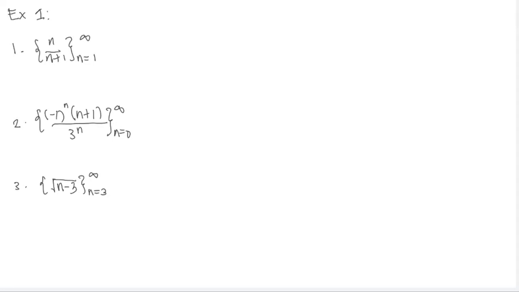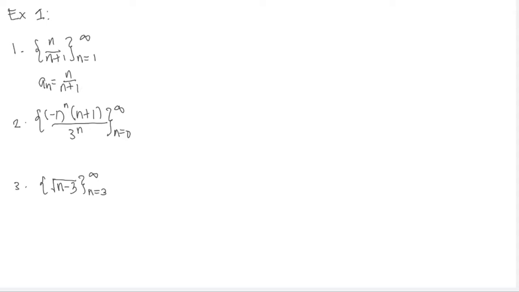So we want to write the terms of the sequence using the general formula. For number 1, the general formula is given by a sub n equals n over n plus 1. Since n starts with 1, all we need to do is to evaluate the value of the formula using n equals 1.